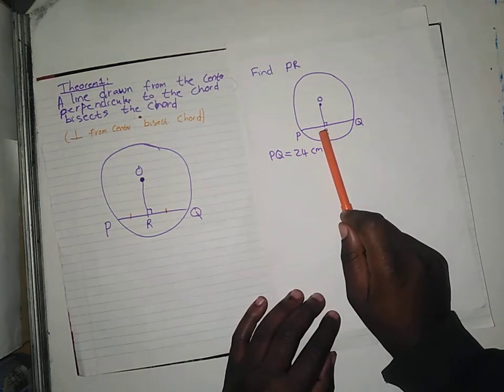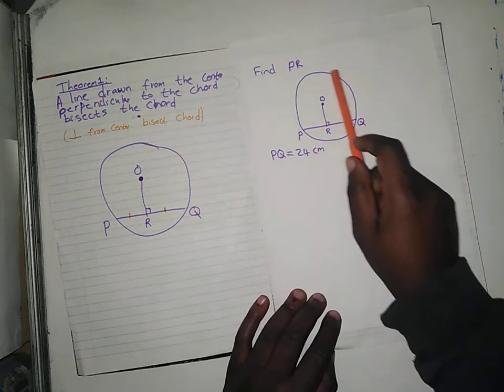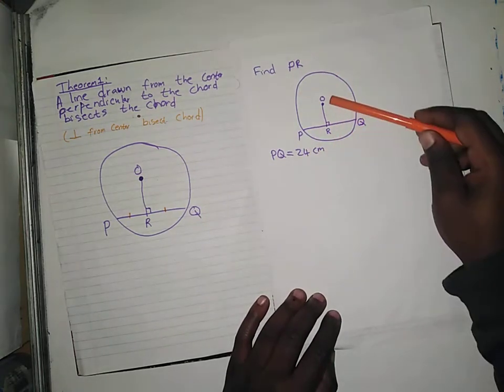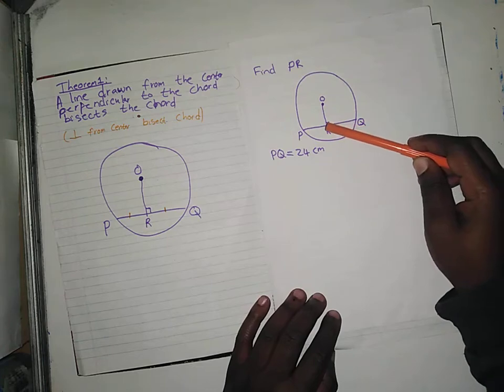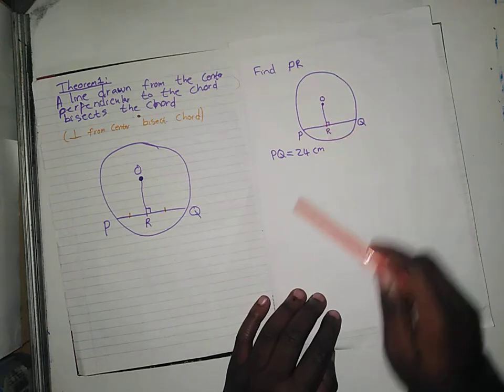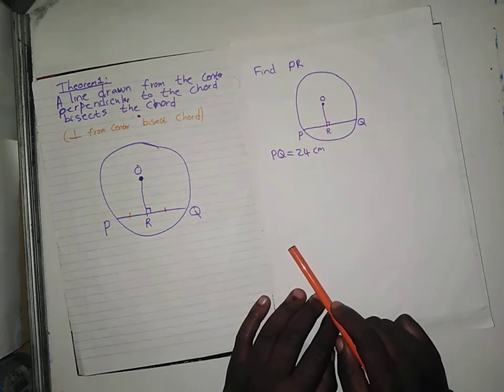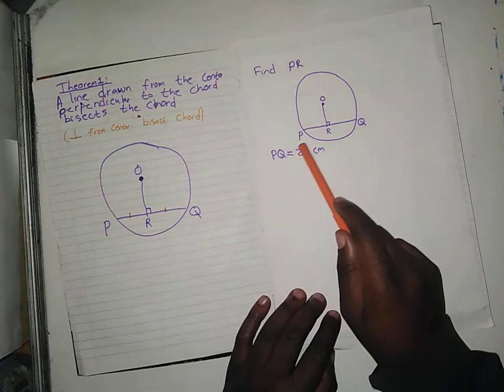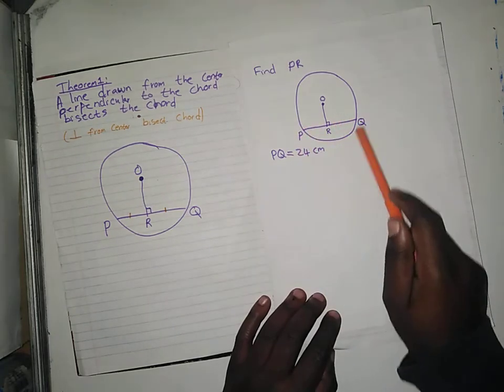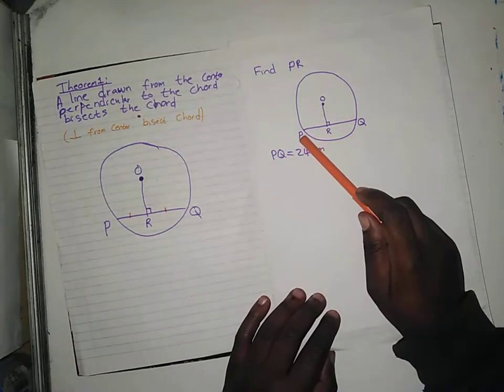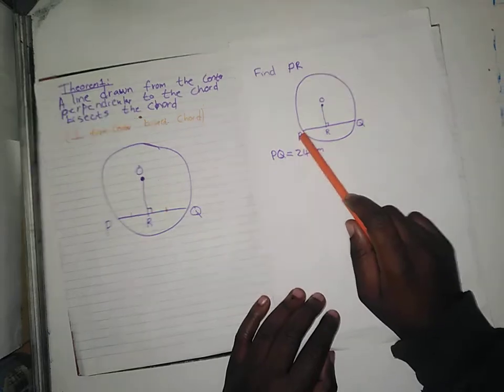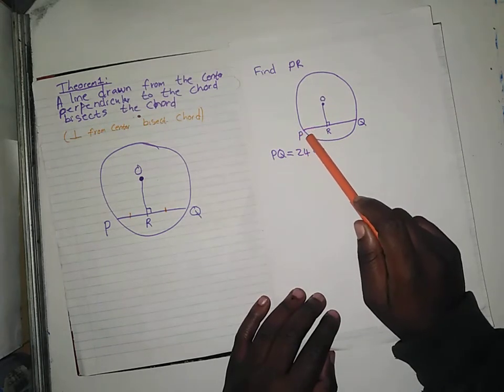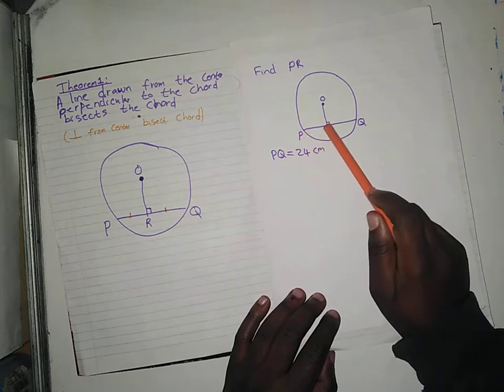Okay, so what you have here, you've got a circle, you've got a line from a center of a circle to the chord, and then it's perpendicular to the chord. What you know is that PQ, the distance from here to here, is 24. Now they want you to find out the distance from here to here.